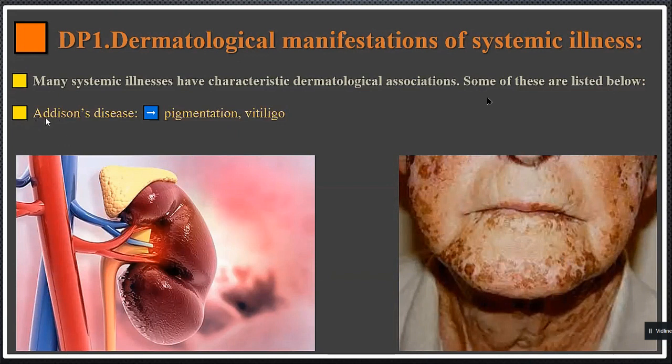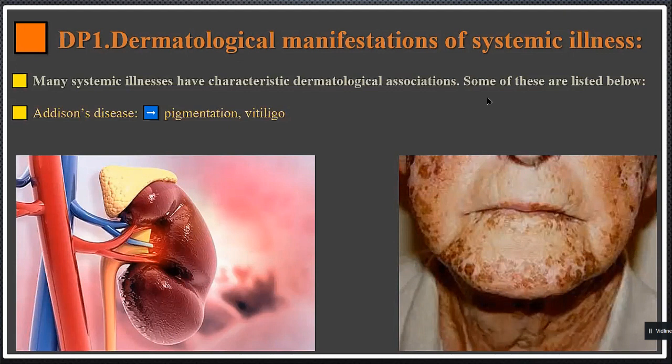Here, how to confirm it's Addison's disease, guys? 3 up and 3 down. What do you think? Hypotension, hypoglycemia, hyponatremia, excellent. Hyperkalemia, hypercalcemia. Excellent.